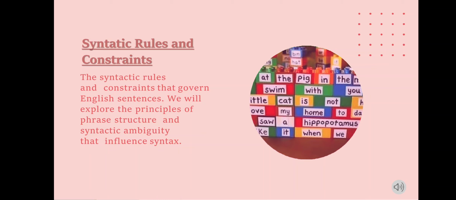Understanding and applying these rules also empowers us to communicate with confidence and more clarity in order for anyone to understand what we're saying. We will explore the phrase structure and syntactic ambiguity that influence syntax by understanding the syntactic rules and constraints.